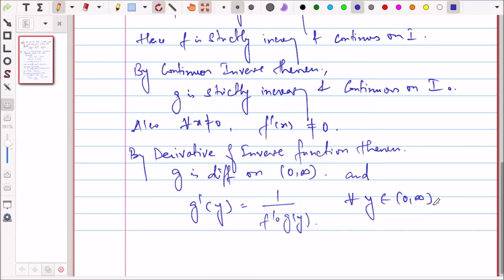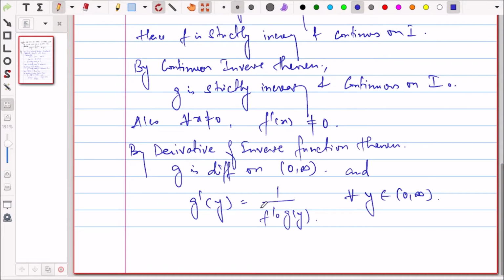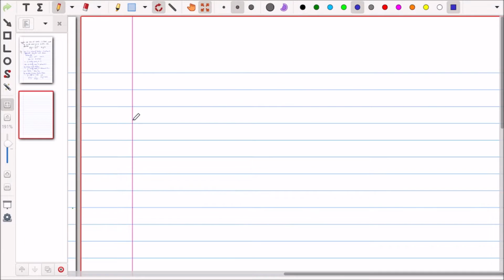Yes, sir. So g'(y) is equal to 1 by f'(g(y)). Now, for any point y in f(I), what will be its preimage?